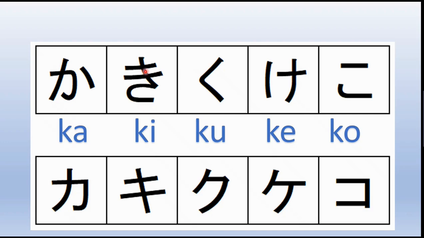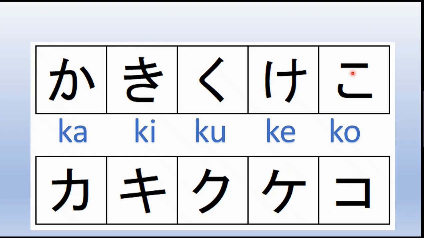Same is the case with ki. Ku is a bit different, but it is again similar, as you can see this portion is this, and this is an additional portion taken for this part. And same is the case with ko. There is strong resemblance between the katakana ko and the hiragana ko.